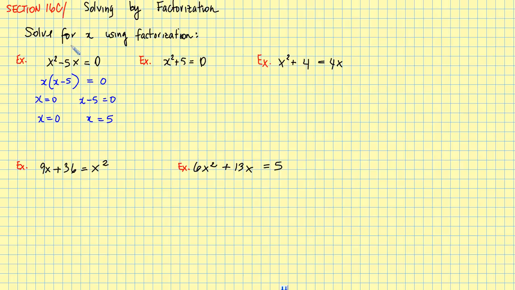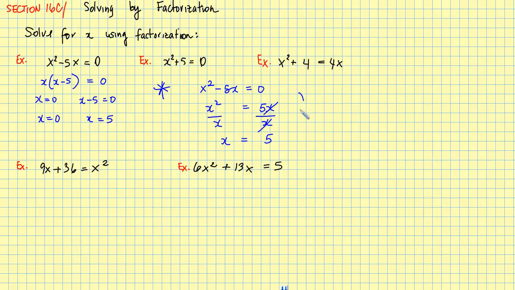Now, some people might say, and this is the part where you need to be very, very careful, well, why can't I do this? x squared minus 5x equals 0, and x squared equals 5x, and then I just divide both sides by x, and I end up with x is equal to 5. All right. Well, notice what happens here.